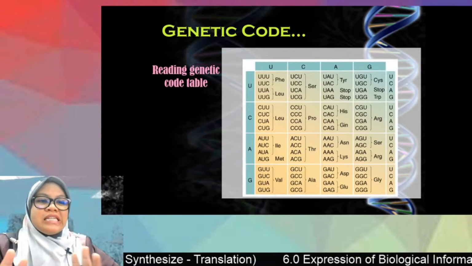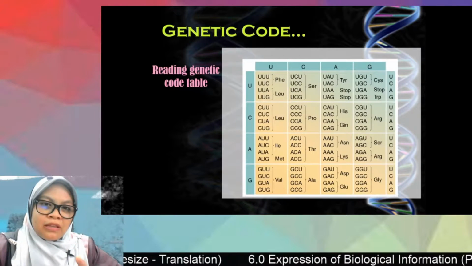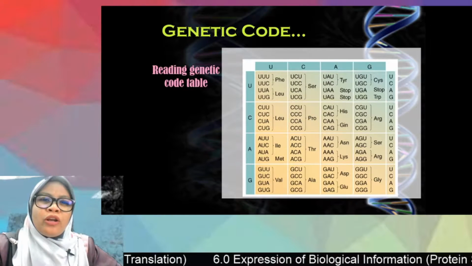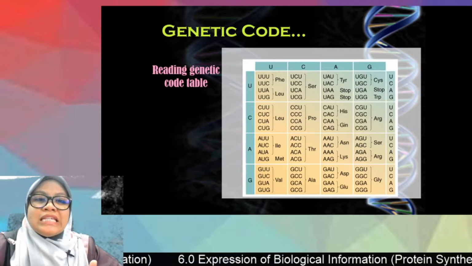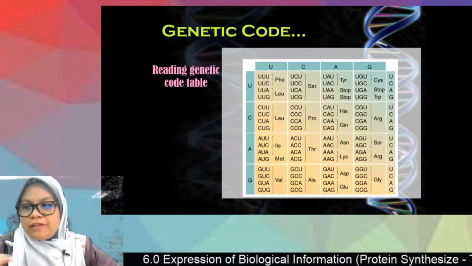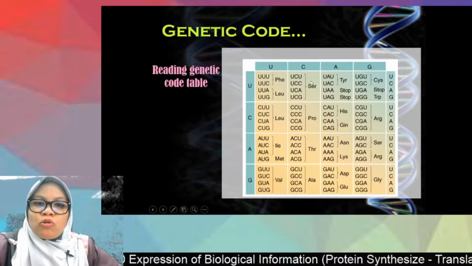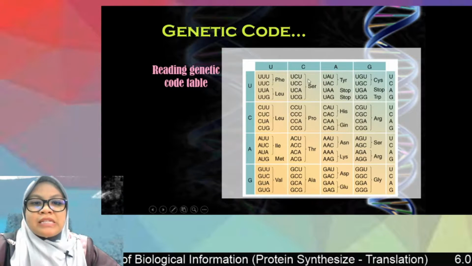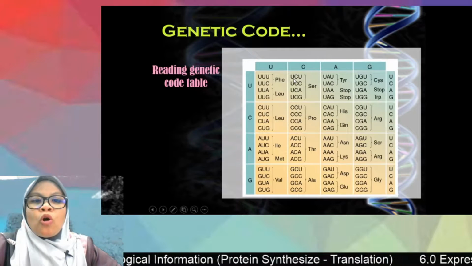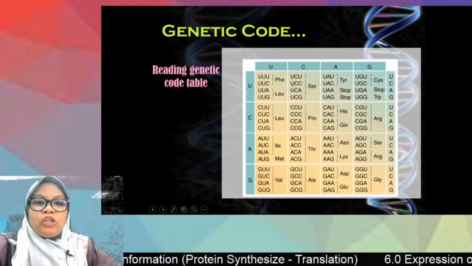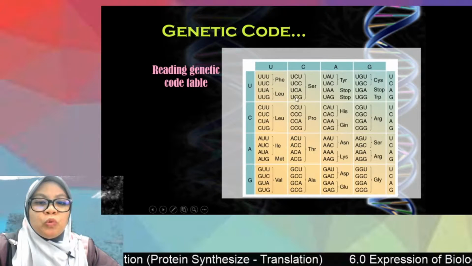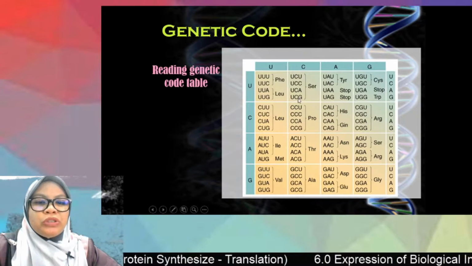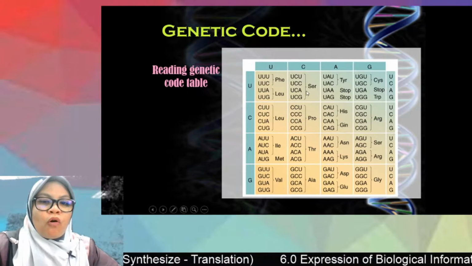Right. So this is the genetic code table that shows the codons that code for the 20 essential amino acids. One amino acid can be coded by more than one codon. For example, here is serine. The codons UCU, UCC, UCA, UCG will code for serine.